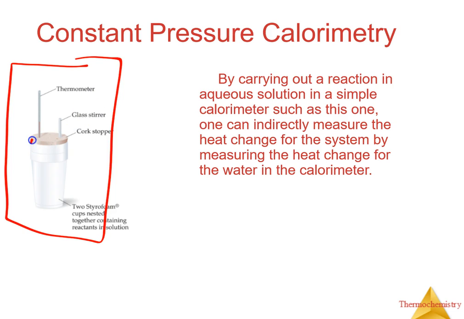You need some sort of coffee cup, or if that offends you, a hot chocolate cup. Okay? You need a thermometer, something to stir, and then usually we just throw a cork on the top. That's literally all you have to draw to get 5 points on that question on the test. Yep, it's pretty simple. All right.